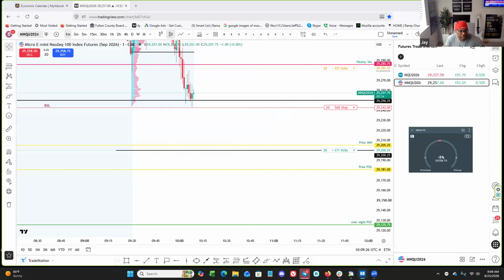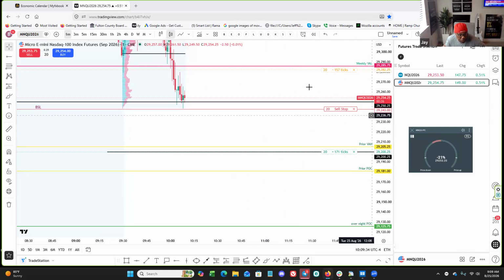But let's see how much of a retracement we get from that little area. Well, it didn't look like it was much. How many seconds on that candle? 25?